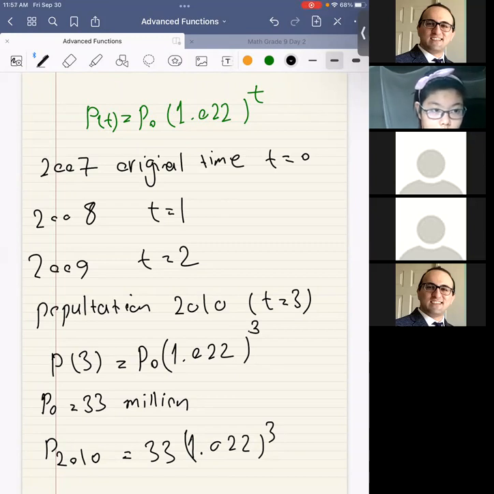Let me also compute: 33 million times 1.022 to the power 3 is about 35 million.